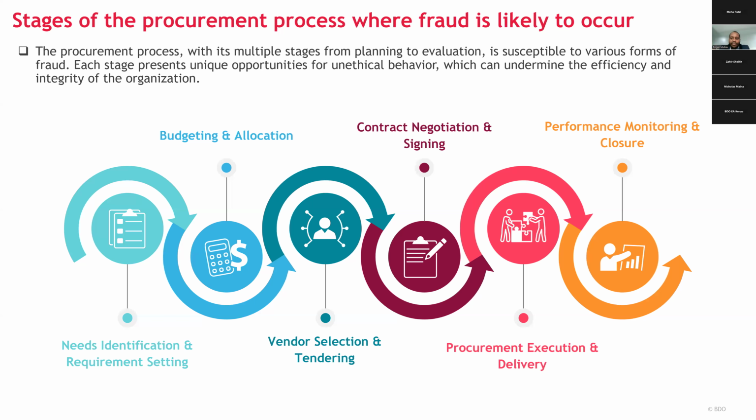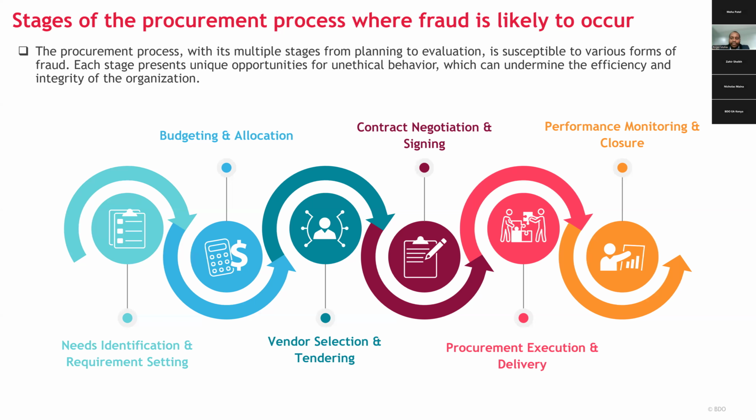This might involve specifying requirements that are unnecessarily stringent or unnecessarily high, asking for unnecessary documents and so on. And this could be done to exclude many suppliers and to only leave you with the favored supplier.